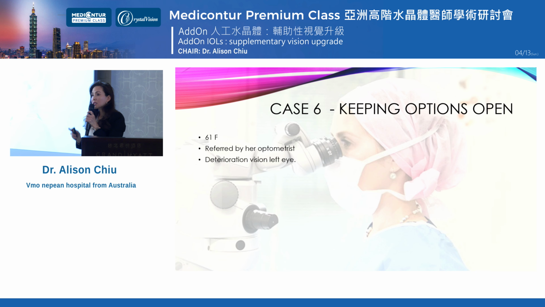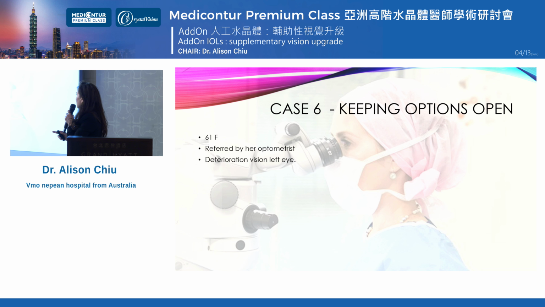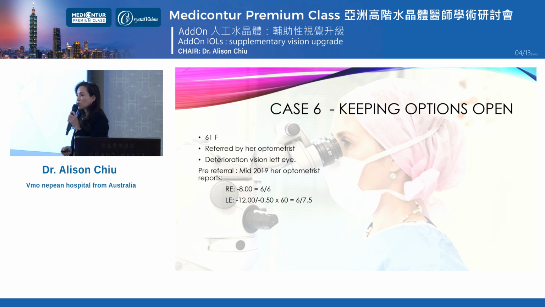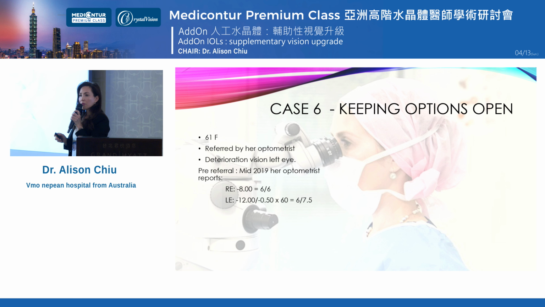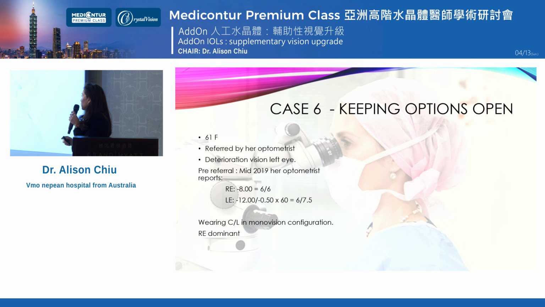So the next case I want to discuss with you, and I think it's my last case, is a patient that was referred by her optometrist, a 61-year-old female, with a deterioration in her vision in her left eye. And she's a high myope, -8, -12, who's accustomed to wearing contact lenses in a monovision configuration.